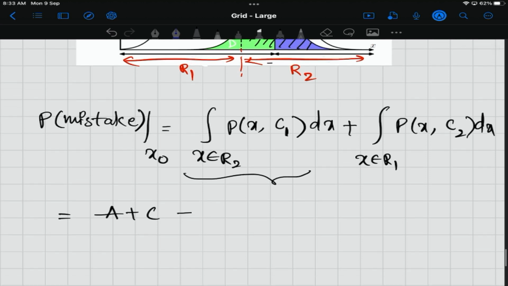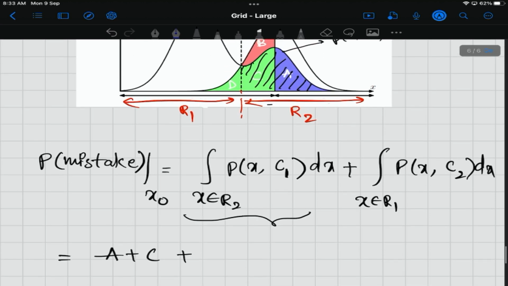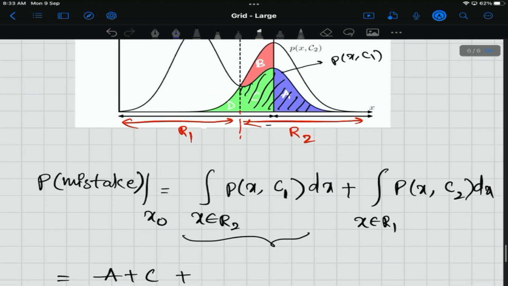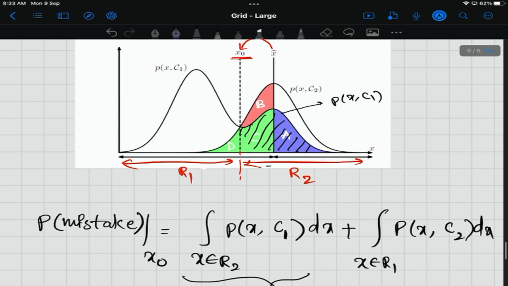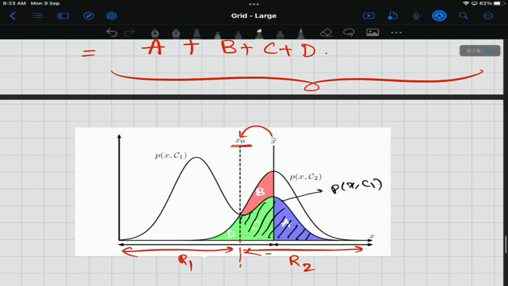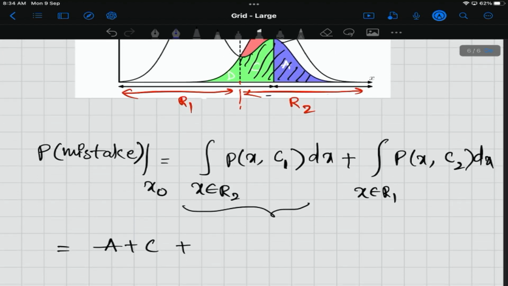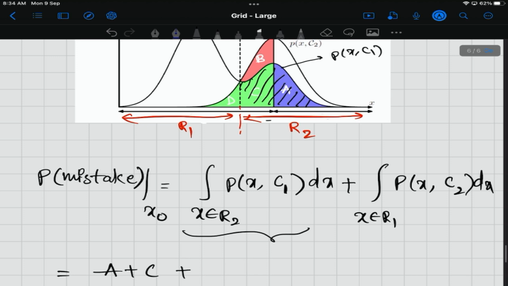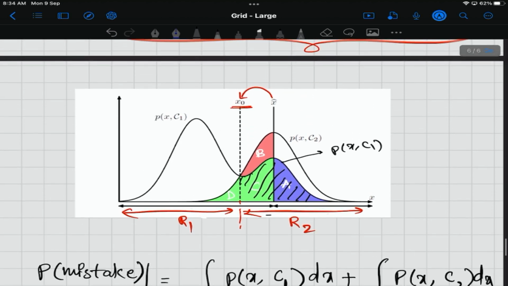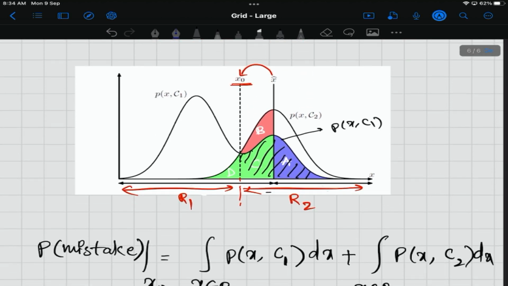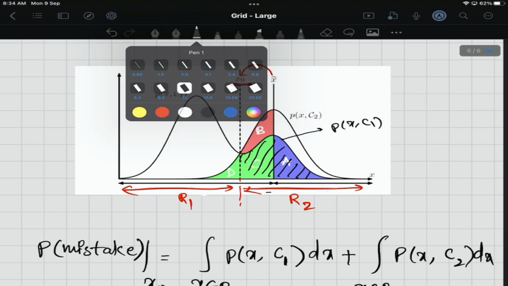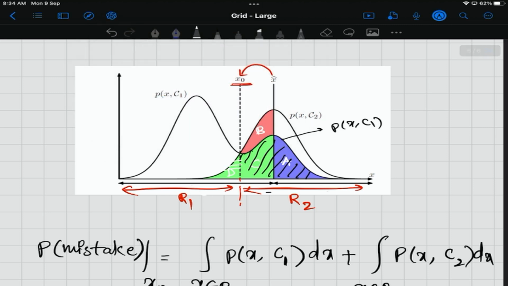And the second term is what? Concentrate only on x naught. Okay, so using my x naught, if I have to compute this where my x is coming from R1 but it is following the distribution of P of x comma C2, then in that case you need to consider only this, right? Only this.